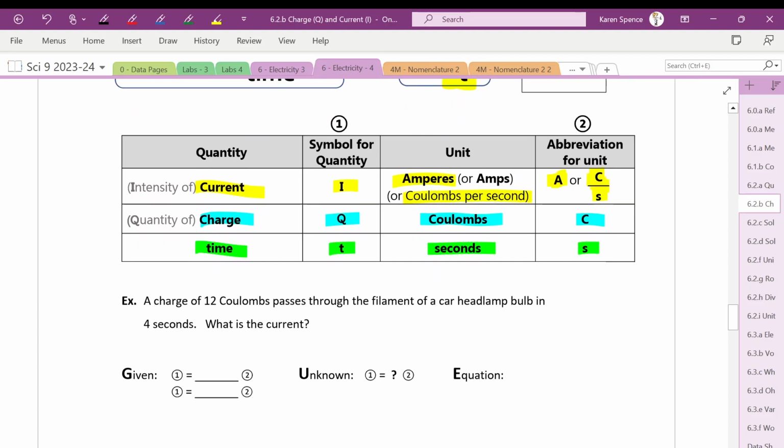And one thing I'm going to draw your attention to is this little number 1 up here. Do you see that number 1? I'm going to circle it in red as well. And there is also a number 2.